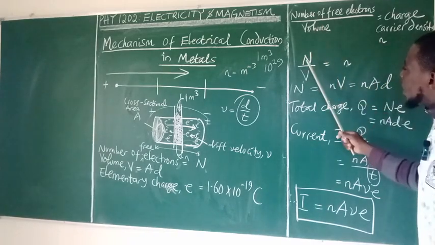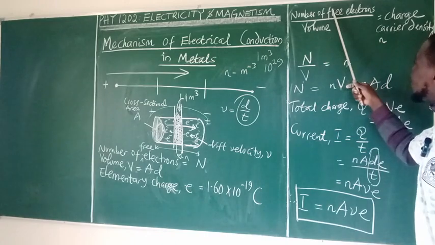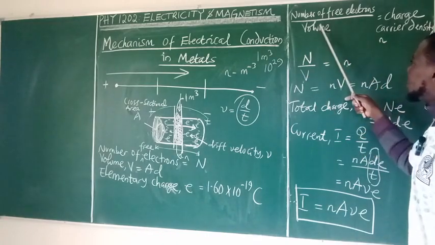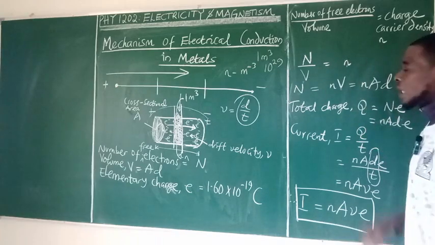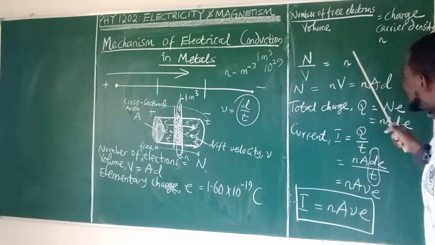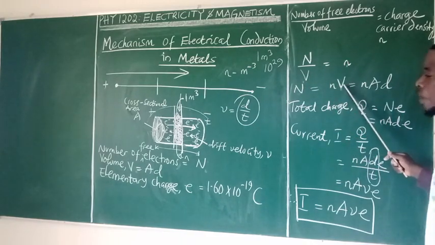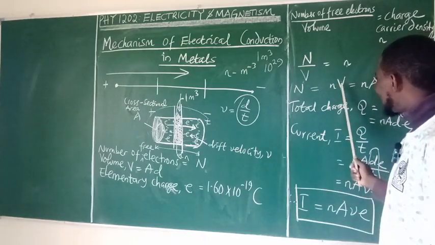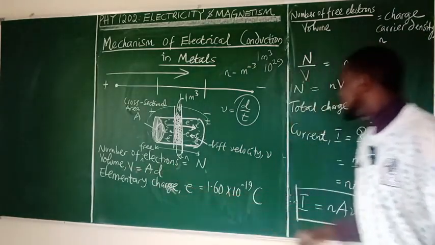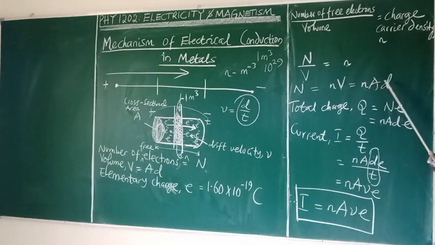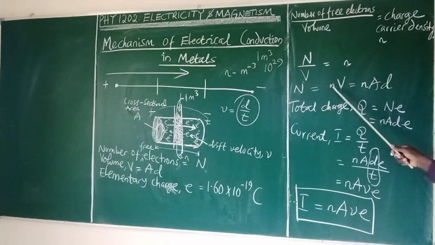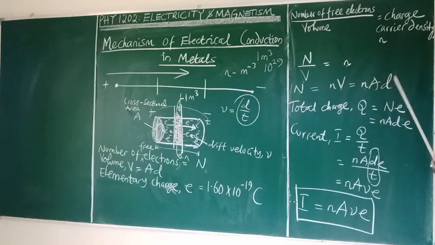Now in symbols you can write capital N for the number of free electrons, capital V for the volume, equals the small n. Now make N the subject of the formula: simply multiply n by V and you have nV. Remember previously that we said this V is Ad. So instead of V here, you put Ad, your expression becomes nAd.